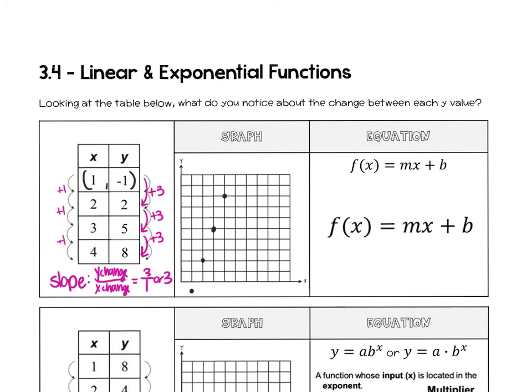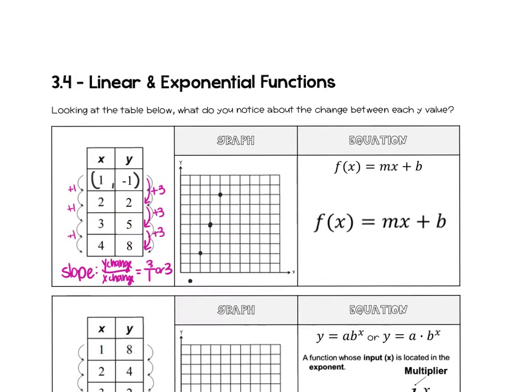And then if we're looking at the equation, remember usually this is y equals, but we said last class that f of x is the same as y. It's just showing us that the relation we're talking about is in fact a function, okay?